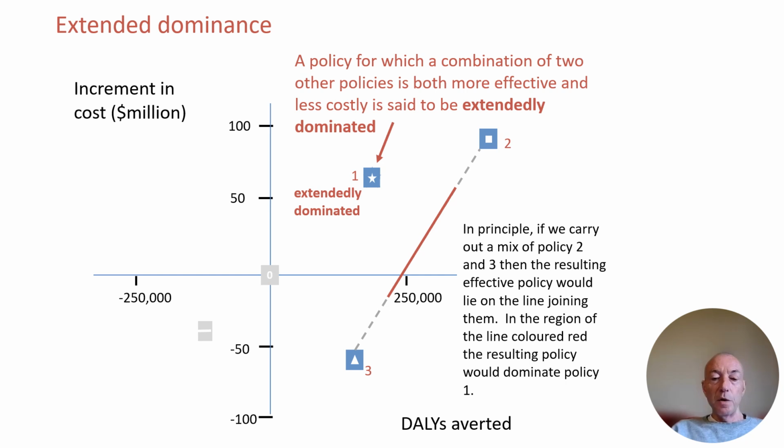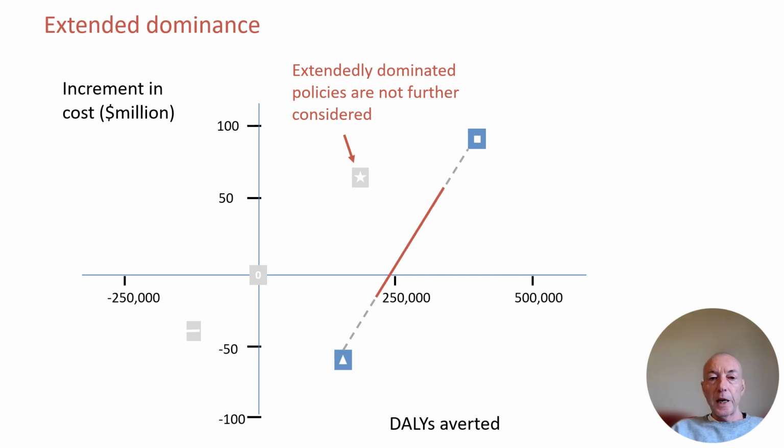Now in the region of that line, coloured red here, the resulting policy would dominate policy number 1 with the star. That would then be dominated. So in this case, we say that policy number 1 is extendedly dominated. And again, extendedly dominated policies are not further considered.